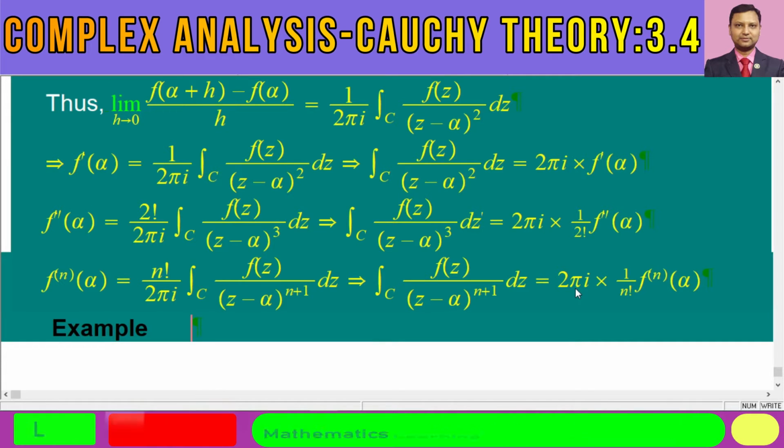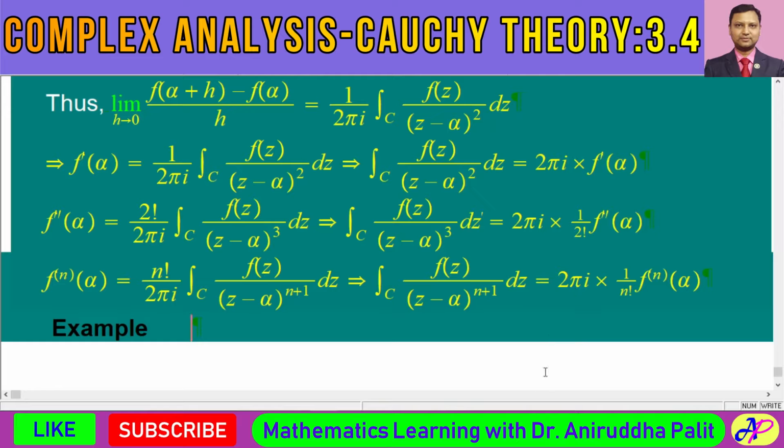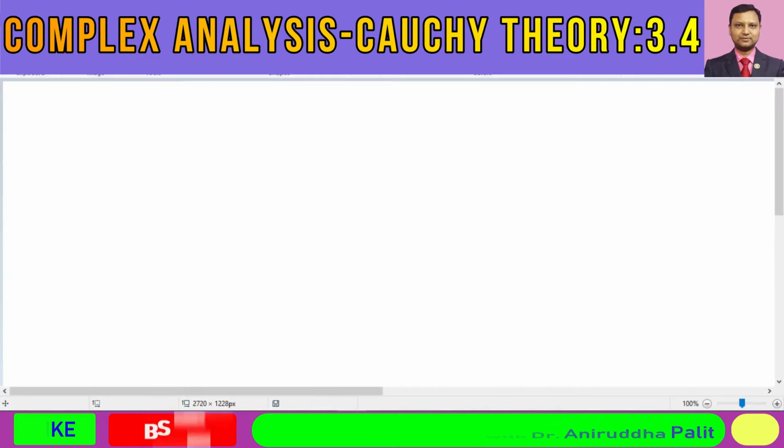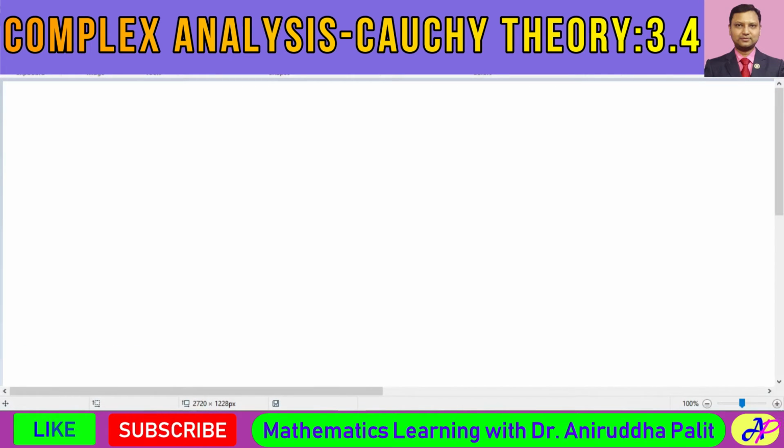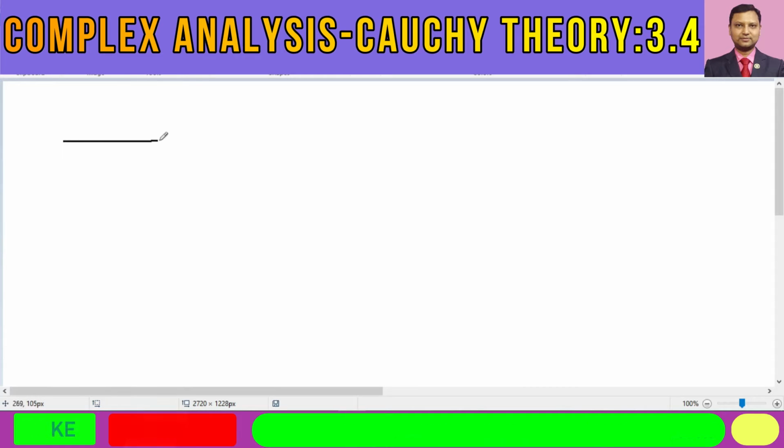Suppose C is a curve like this. I discussed this kind of curve earlier: a square whose sides are parallel to the x-axis and y-axis.